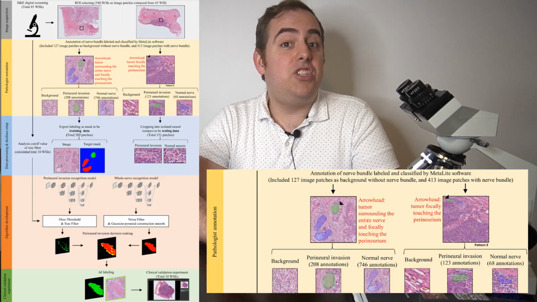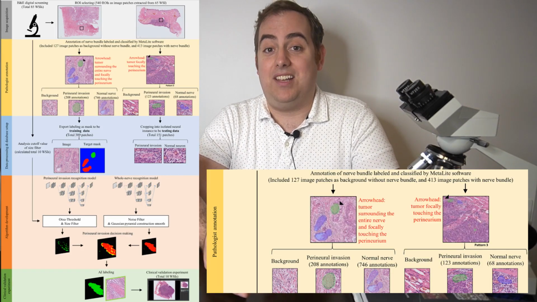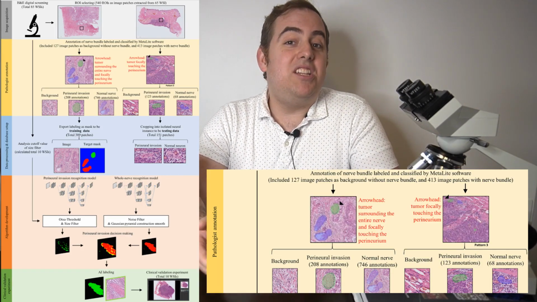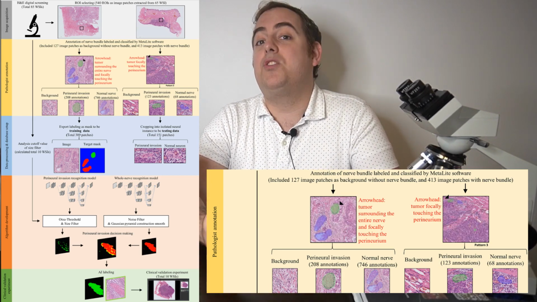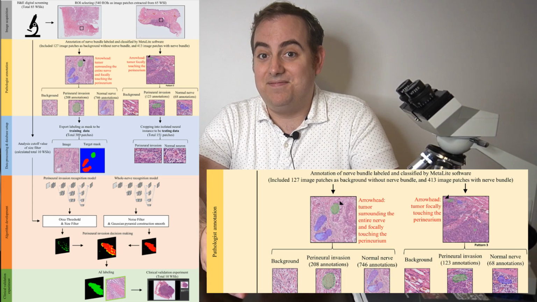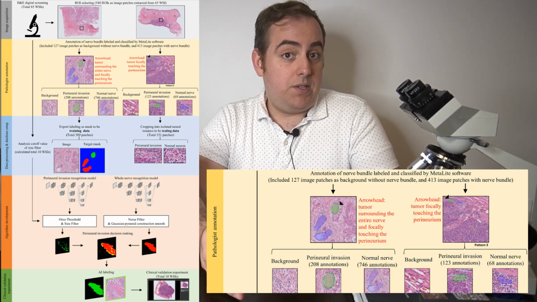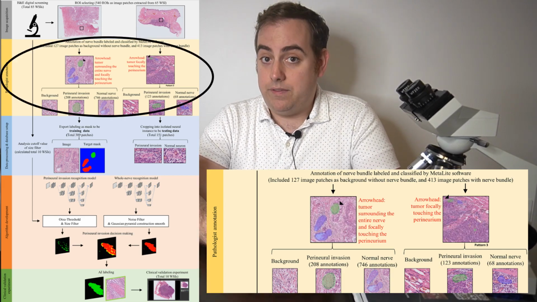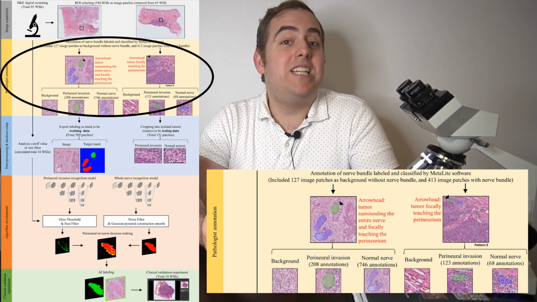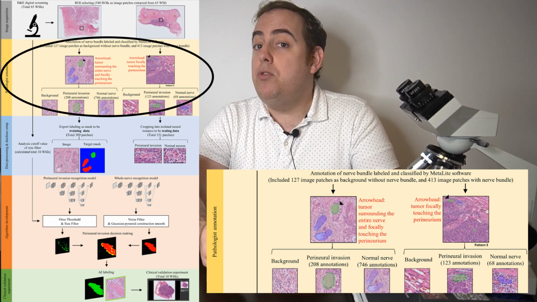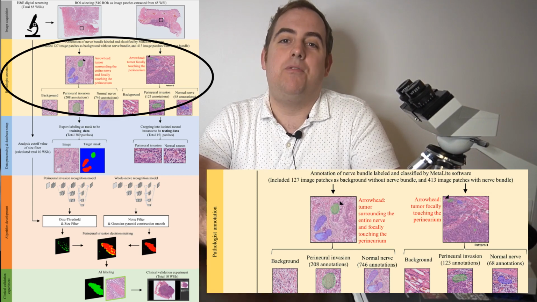The first thing that these authors had to do was teach their AI how to perform its task. It's called machine learning because the machine must be taught the patterns that it's going to be tasked with recognizing. The authors used a computer system to label both normal nerve and nerve that had tumor wrapped around it. They did this 389 times to show the computer the pattern that it needed to recognize.